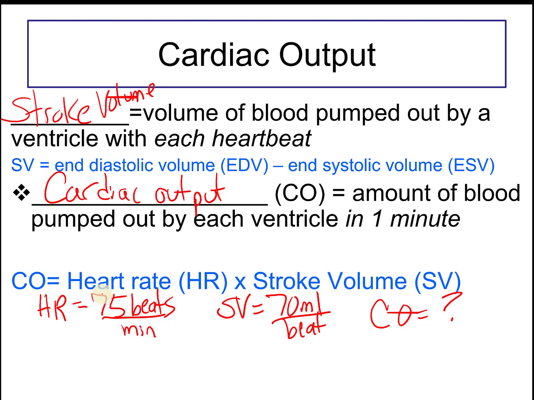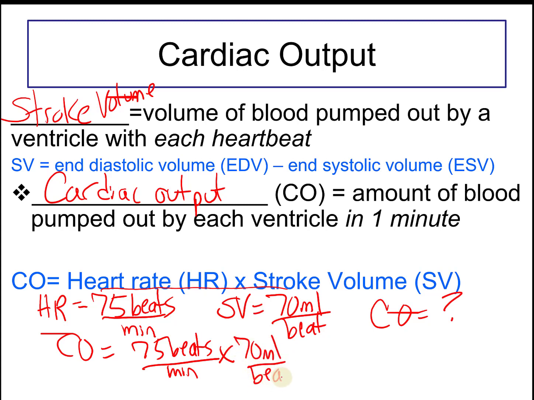So of course, you're going to just take this formula. Cardiac output equals heart rate, 75 beats per minute, times stroke volume, 70 milliliters per beat. And if we do this, the beats will cancel out because they're in the numerator and denominator, and we end up with 5,250 milliliters per minute.